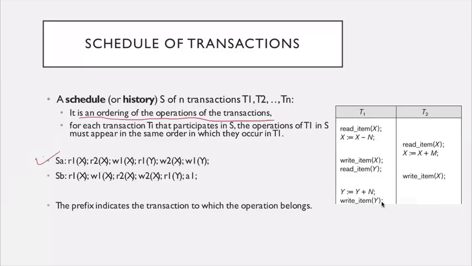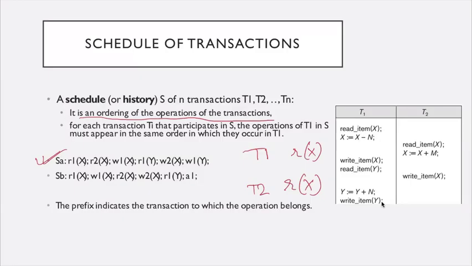One notation is like this, where SA is a schedule, where R1(X) belongs to transaction T1. It is a read operation, read data item X, and R2(X) denotes transaction T2 reading data item X. The index or the prefix indicates which transaction.